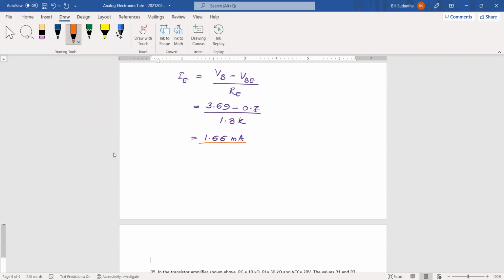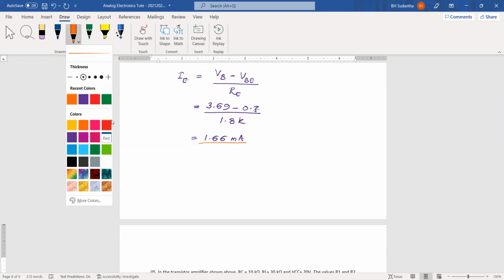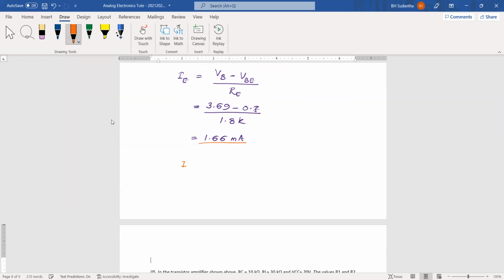Then we can write that IC is equal to IE. Why? Because IB is very small compared to IC.